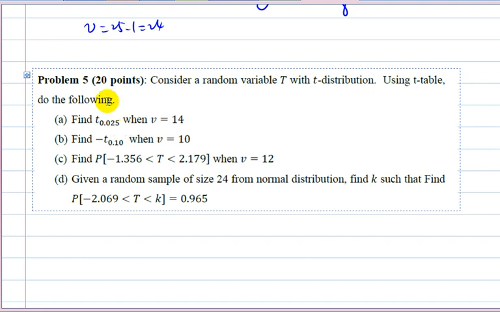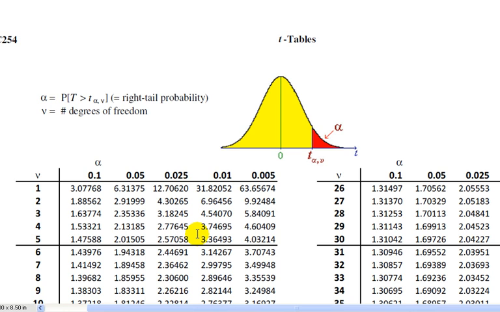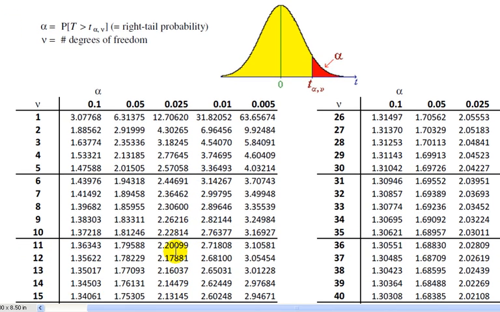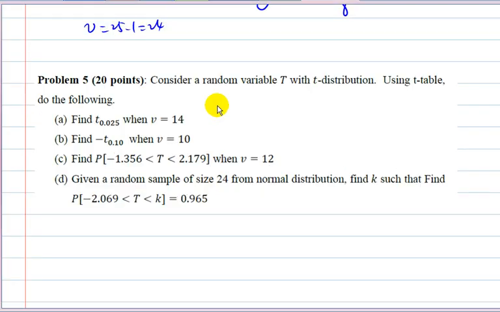T0.025 means the T value that has 0.025 of area, or probability, to the right. So look for 14, and look for 0.025. 14 is over here, and 0.025 is here, so the corresponding T value is 2.145. That's how you get that.